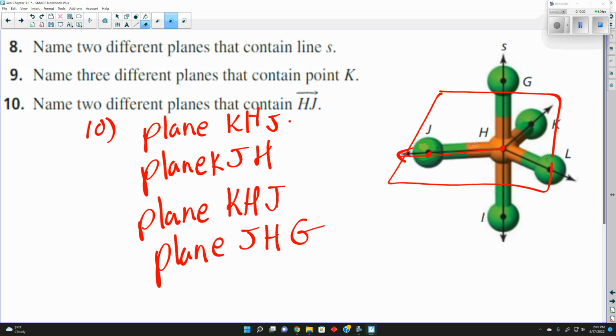So plane HKL actually would work because it's that flat plane extended out, and because it is, it would include that line. The KHG did not. It actually skirted past it. It did include the point H, but let me get a new screen.